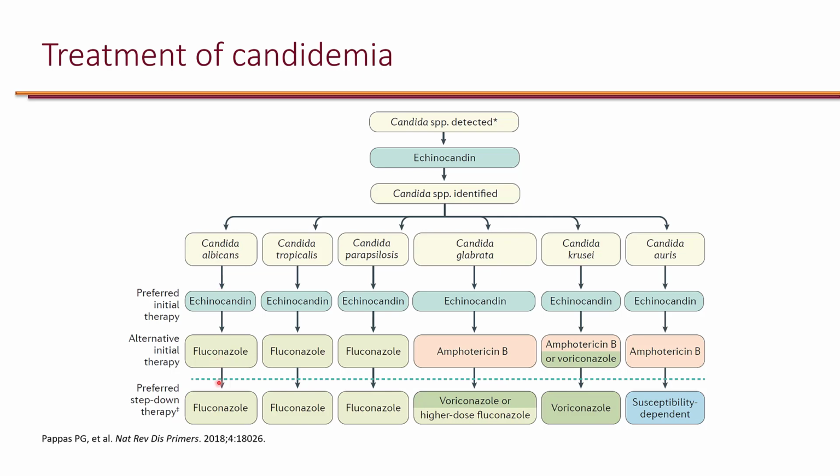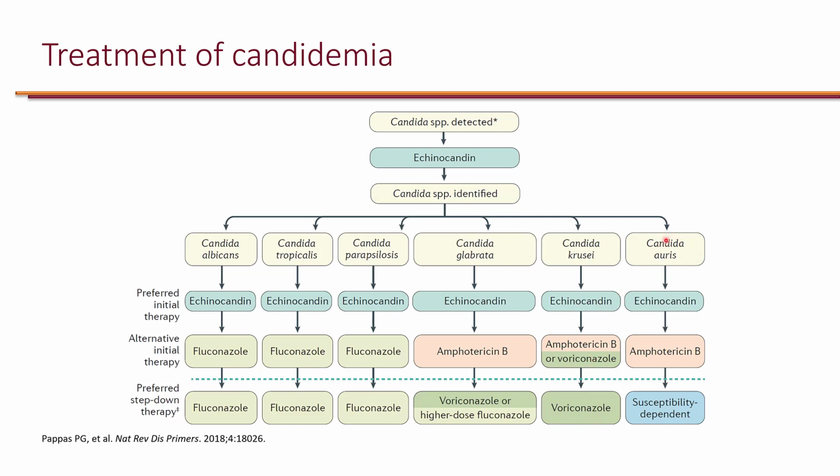So especially albicans, but then for glabrata is where we get a little problematic. So including if glabrata MICs are too high for echinocandin, even empirically, we may need to go to amphotericin B. But then for step down, either voriconazole or high dose fluconazole. Krusei, of course, voriconazole is the only option.